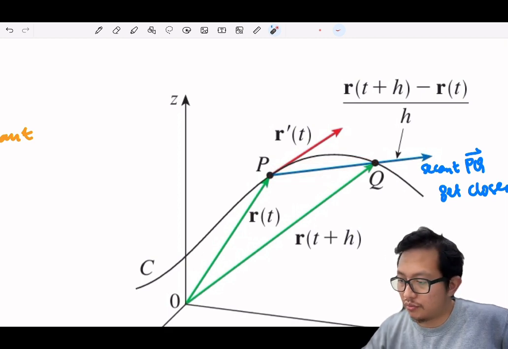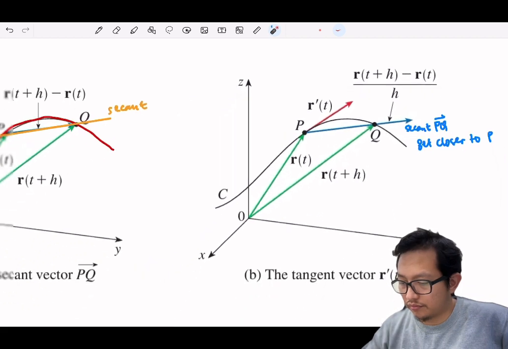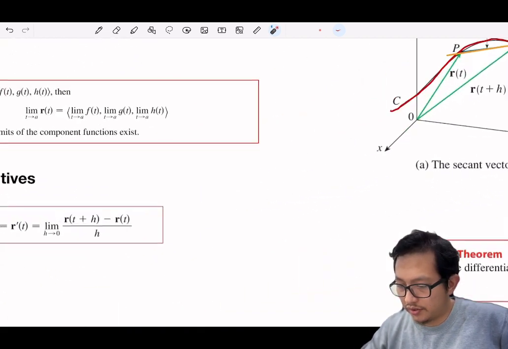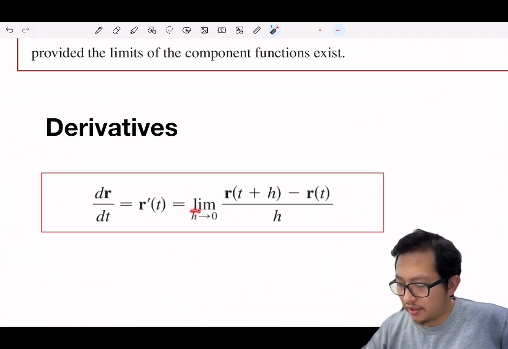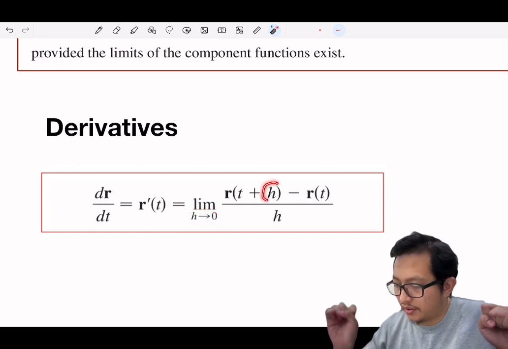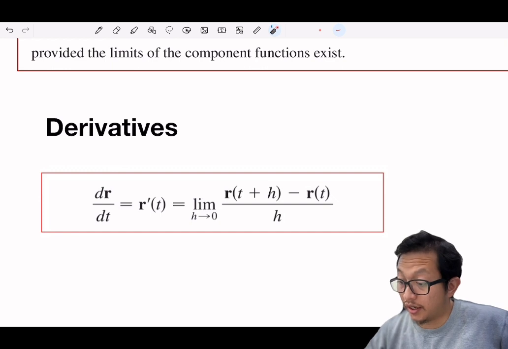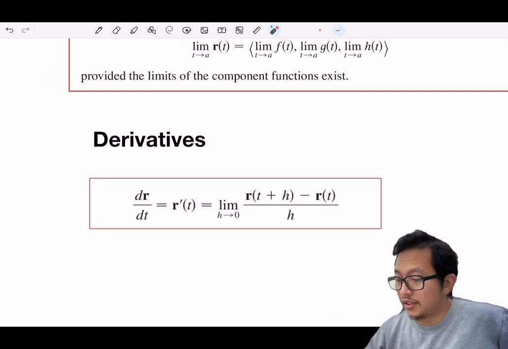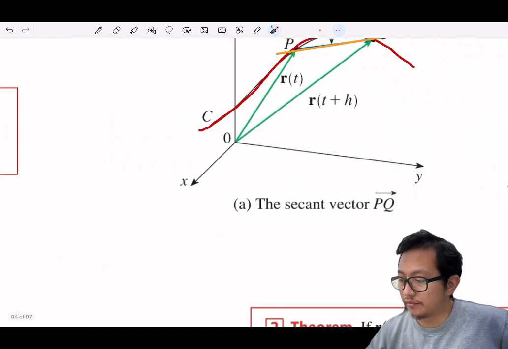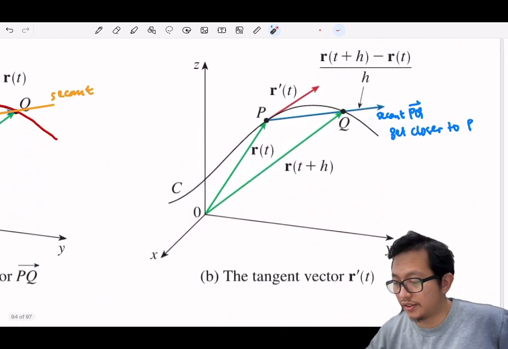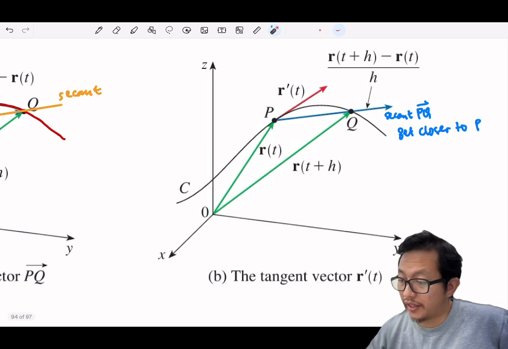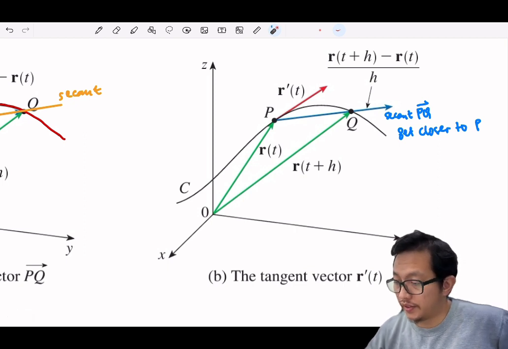So we take the limit by this definition. As the parameter h gets closer to 0, we can define that as our derivative.